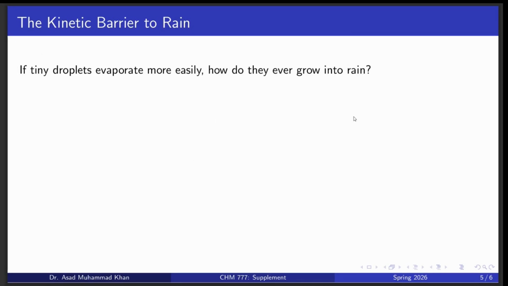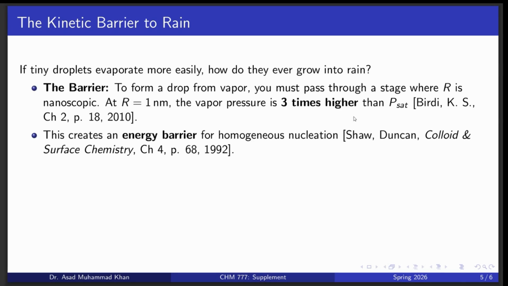If tiny droplets evaporate more easily, how do they ever grow into rain? फिर होता क्या है जब if they are evaporating easily, then how would rain happen? So for the barrier to form a droplet from vapor, you must pass through a stage where R is nanoscopic. That is, let's say R is equal to 1 nanometer, the vapor pressure is 3 times higher than the saturation pressure.